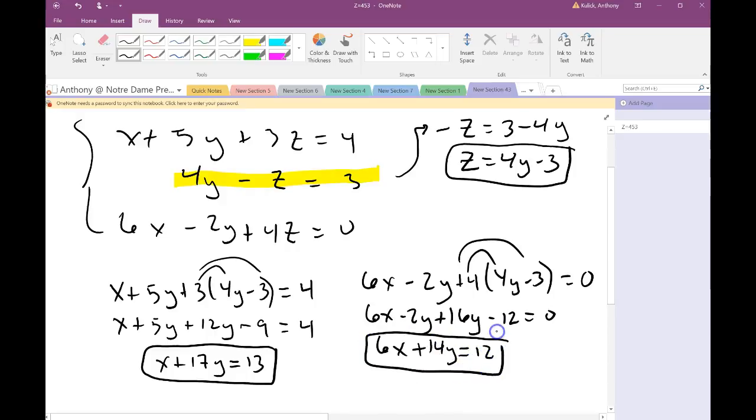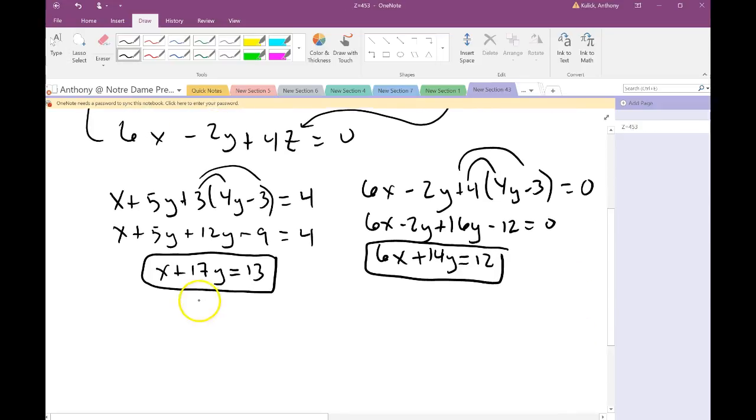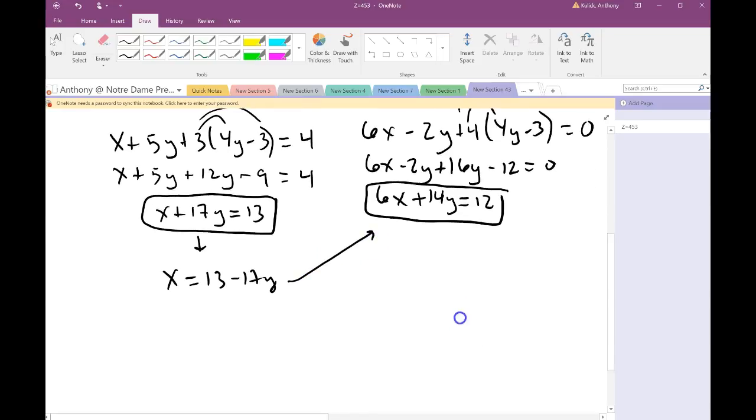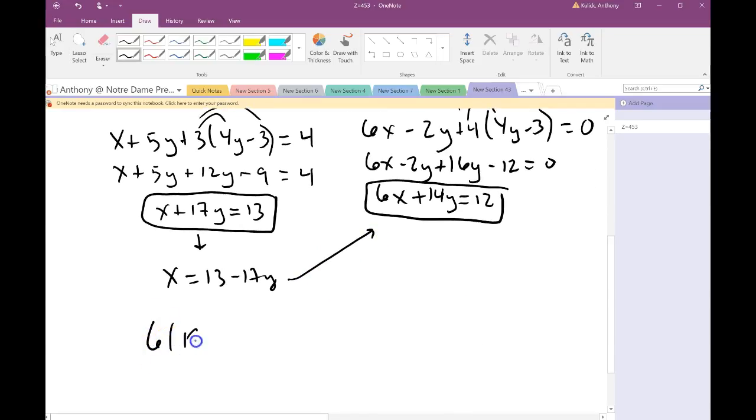I'm just doing the other equation now. So now again I did that one to here, and then I'm doing it to here. Okay. So this one is going to give me x equals 13 minus 17y, and I'll plug it in over there. Six times 13 is 78. 6 times 17 is 102.